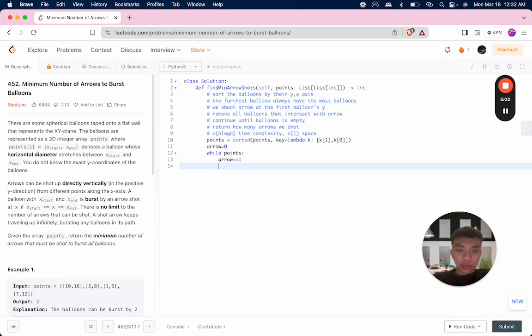Okay, so we're going to count the arrows, and our arrow is at the first balloon's Y, and then we pop all balloons that intersect with the arrow with a list comprehension.